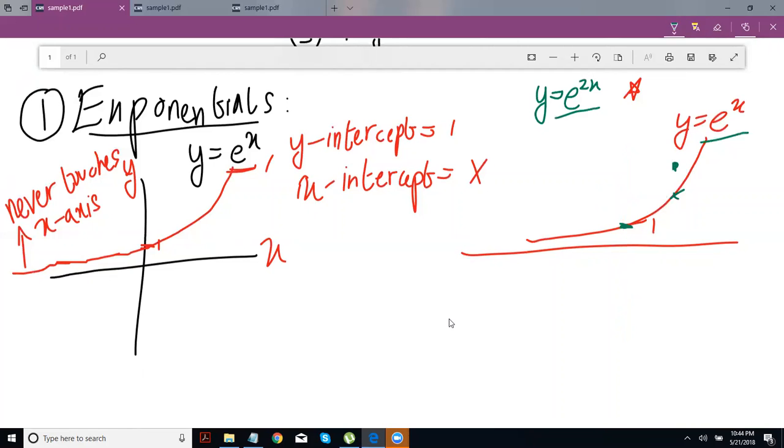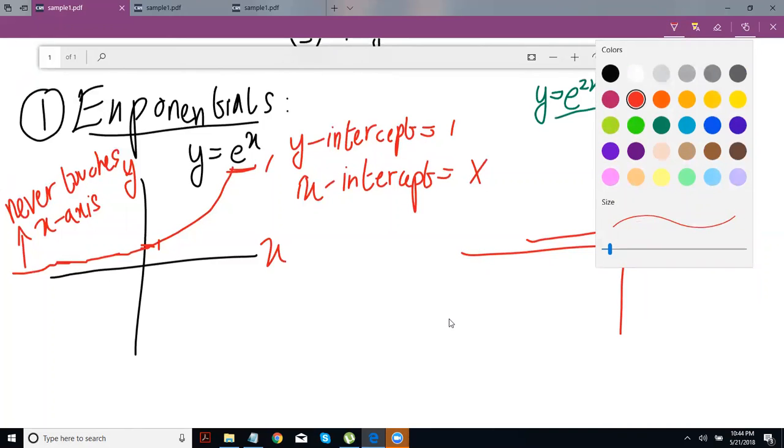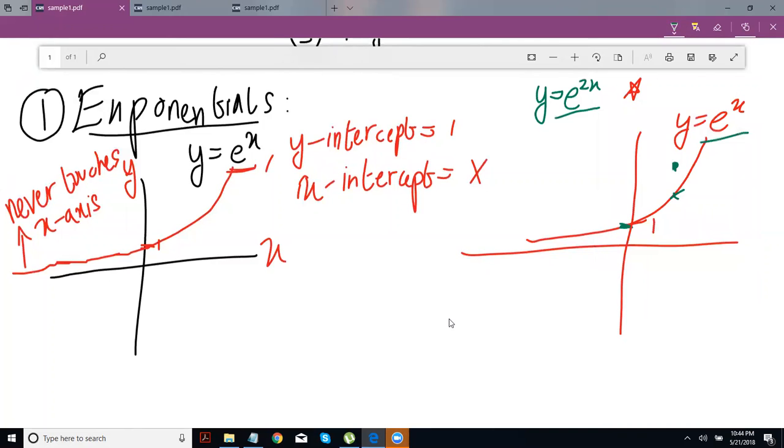Well, that wasn't supposed to happen. No worries. Even if you look at it like this, let's say this point here on your e power x curve, if you take e power 2x, because it's being raised to the power 2x rather than just x, whatever value comes about should obviously be higher than the original curve. That's the basic idea here.